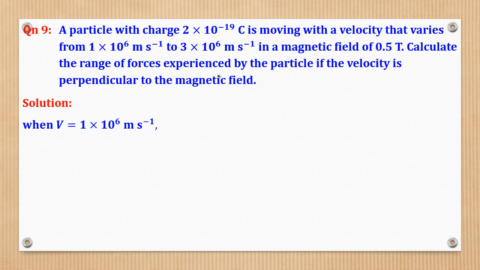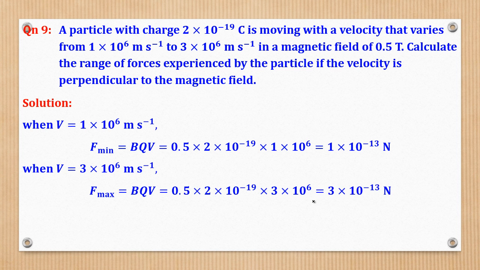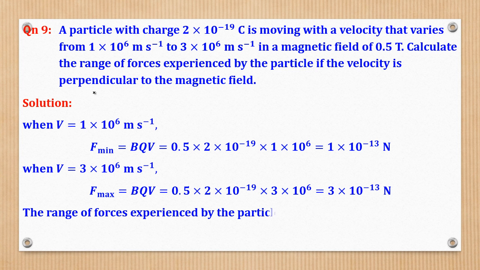So when v is 1 exponent 6, the force will be that. We're not adding sin theta there because the field is perpendicular. When v is 3 exponent 6, the force will now be this. So you can now conclude to get the range of the forces.